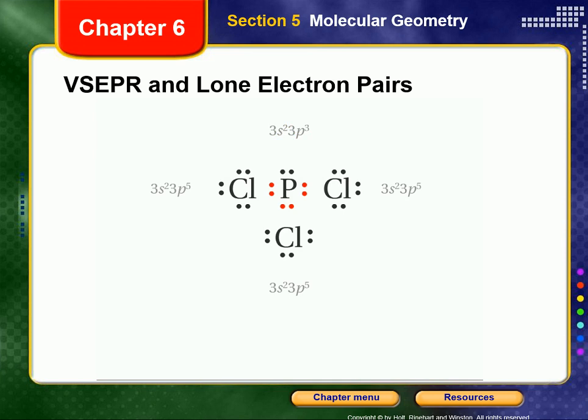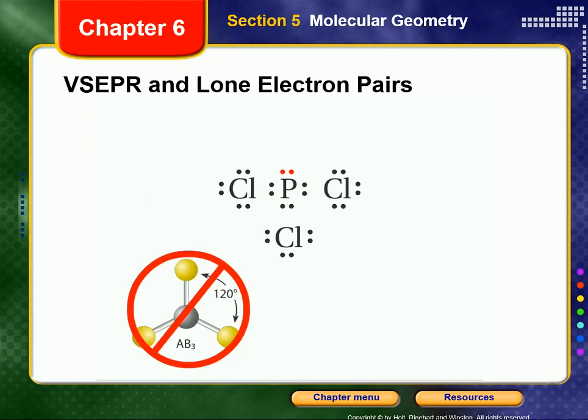So each of the single p orbitals in phosphorus must be bonded with the single p orbitals in chlorine, leaving a lone pair of electrons on one side of phosphorus. According to our model, the geometry of phosphorus trichloride, therefore, is not trigonal planar, but rather trigonal pyramidal, with the chlorine atoms bent away from the lone electron pair.